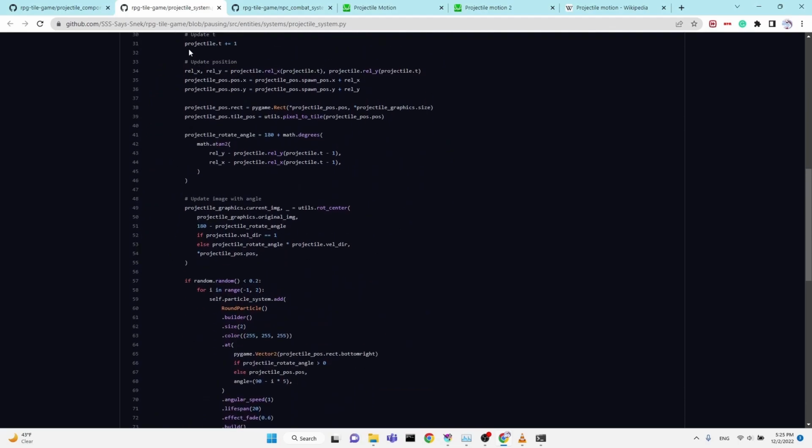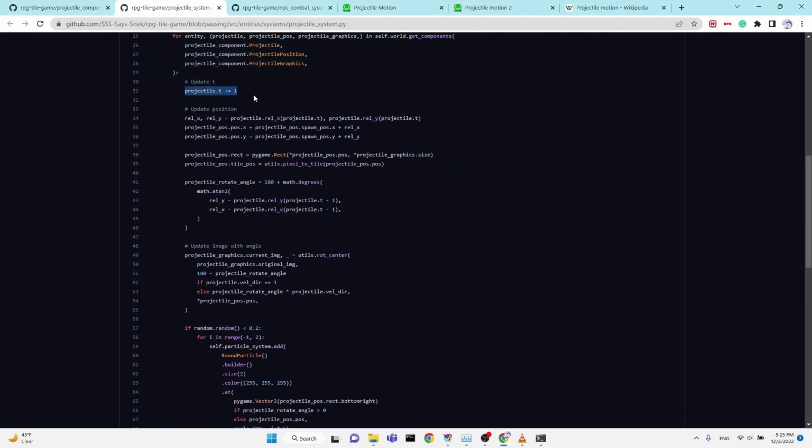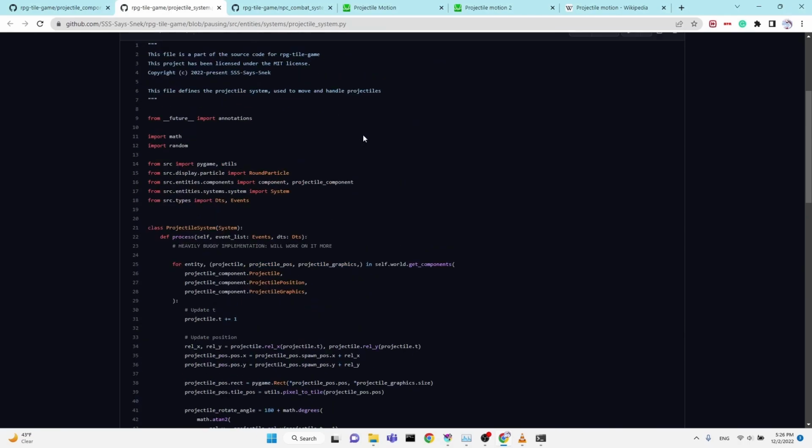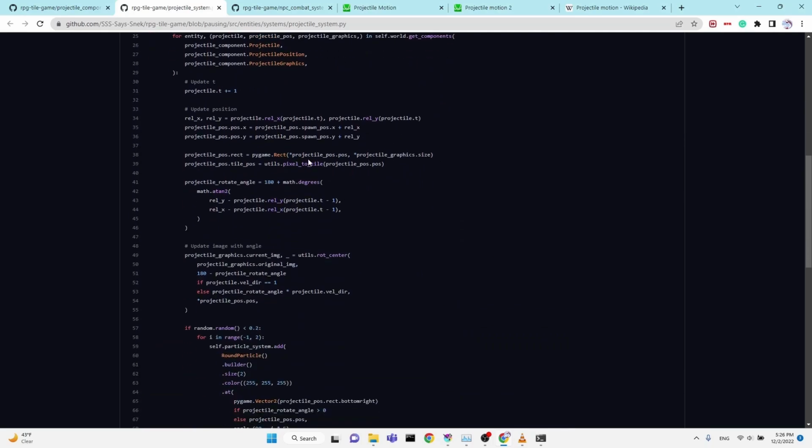We're going to update the time, right? We're going to calculate the x position and y position given the time, and we're going to set the position, right? Since we offset the thing to 0, 0, we have to add the spawn positions back to the positions.